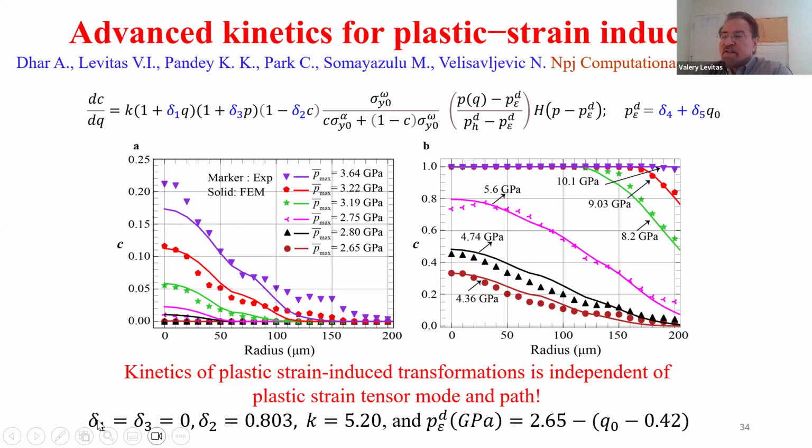And after fitting, actually 2 of them are unnecessary. And you have good correspondence between our computation lines and all experimental points. Maximum error is 7%, which for such a complex phenomenon is unbelievable. And also from this kinetics, we can conclude that kinetics depends only on accumulated plastic strain and is independent of plastic strain tensor mode and its parts.